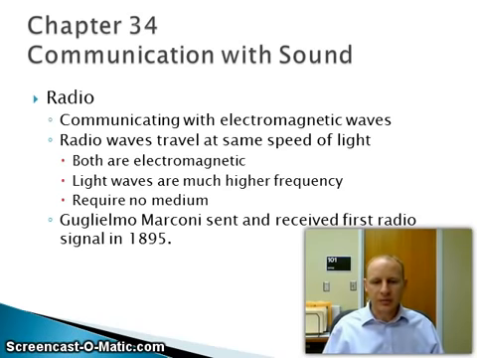Light waves, however, are much higher frequency and don't require a medium to travel on, meaning that light waves can travel, let's say, through space, for example, whereas electromagnetic waves need some kind of medium to transfer on, such as the air. Mr. Marconi sent and received the first radio signal back in 1895. So we've been using these types of waves for well over 100 years now.